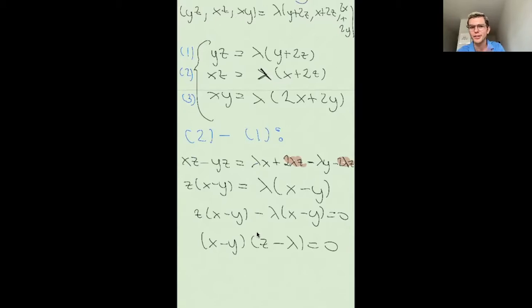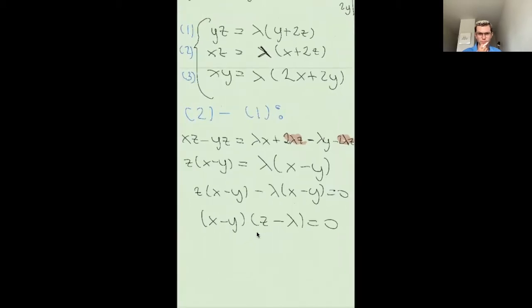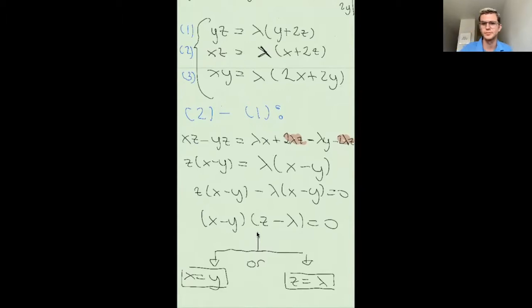So already immediately you get that x equals y, as a possibility. Is that making sense? So far, so good?